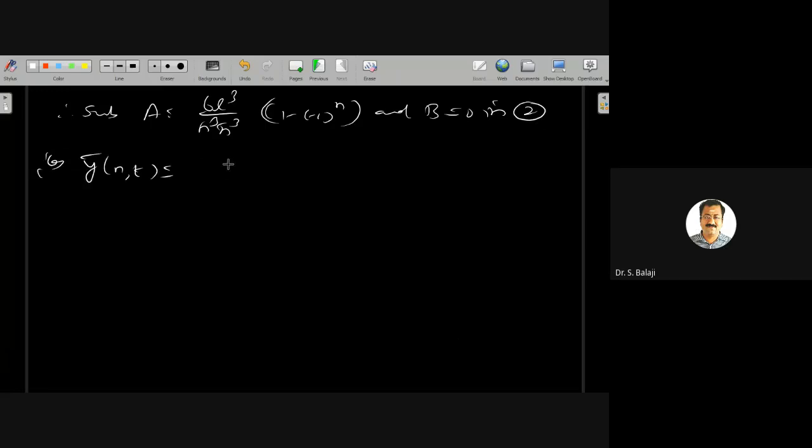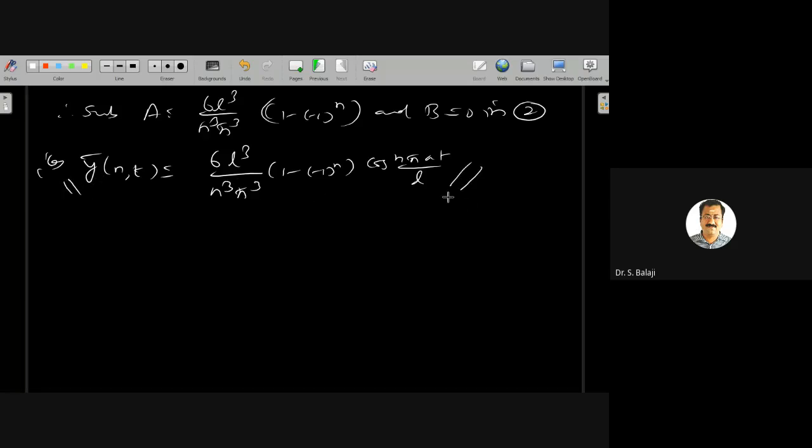Y bar of n comma t is equal to A cos(n pi a t by L) plus B sin(n pi a t by L), where A is 6L cube by n cube pi cube times (1 minus (minus 1) whole power n), and B is 0. Therefore, we are getting y bar of n comma t like this.